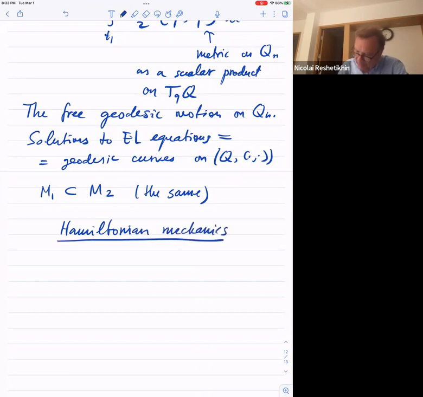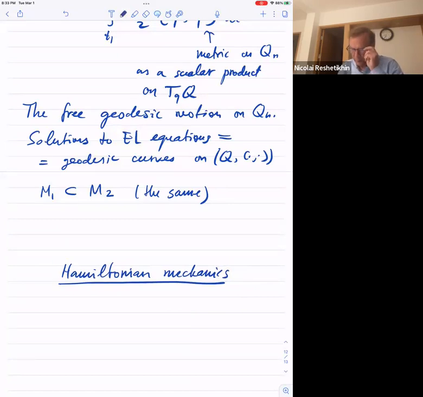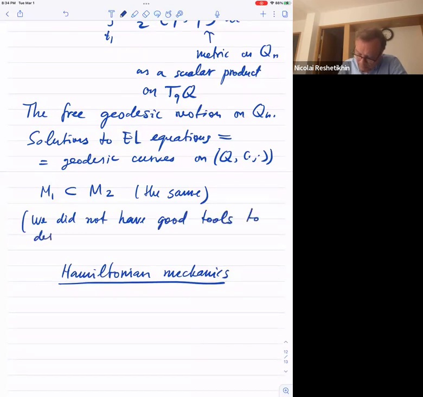So you see, in some sense, mathematically, we're refining the problem. Because so far in the discussion of Euler-Lagrange equations, we didn't have good tools to describe conserved quantities.